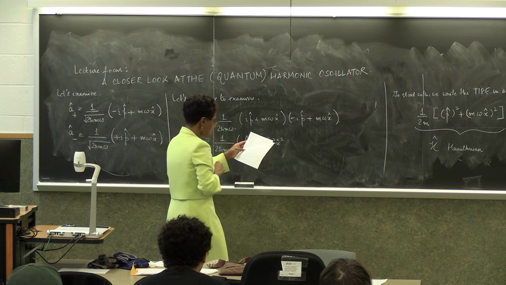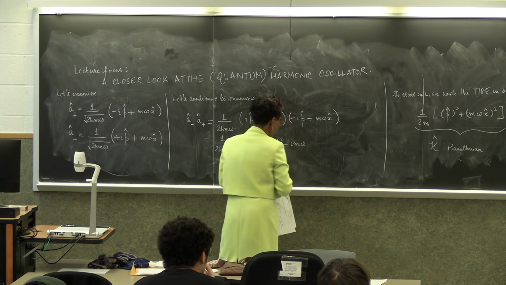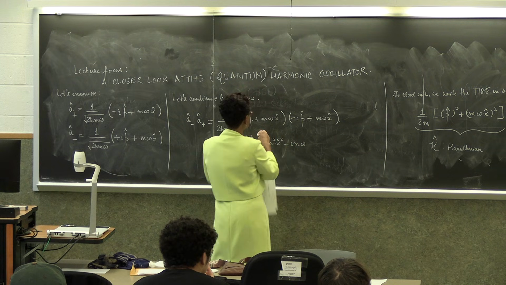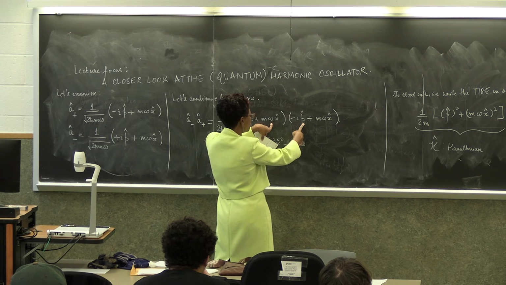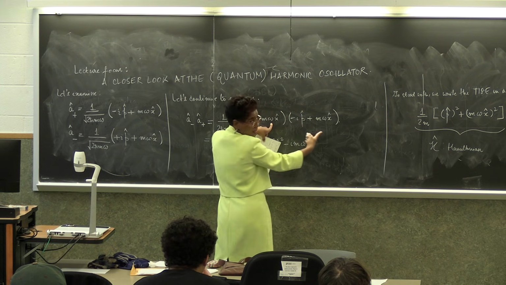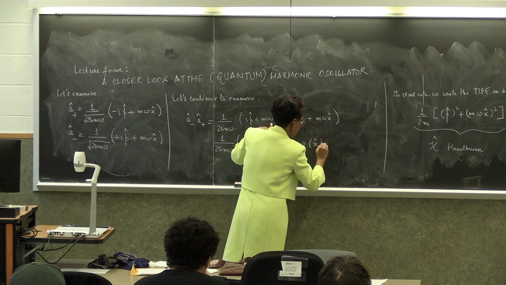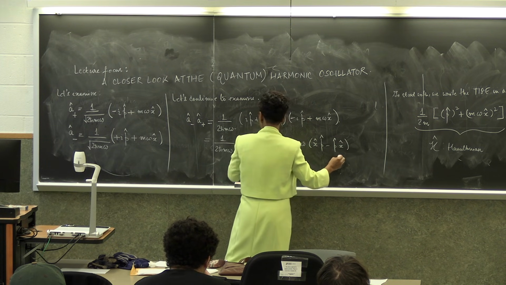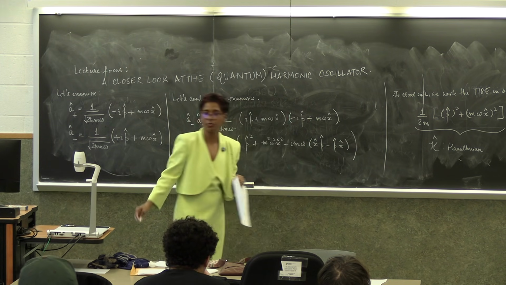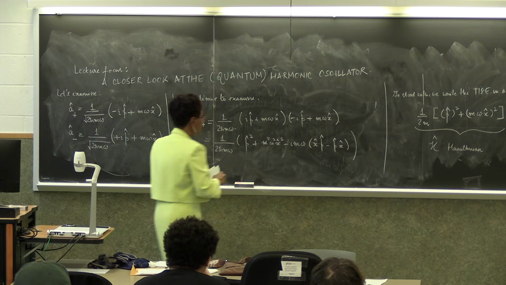Those are the easy terms. And now come the terms we have to handle with care: minus i m omega times x p minus p x. Is my algebra sound? You're getting the same thing?